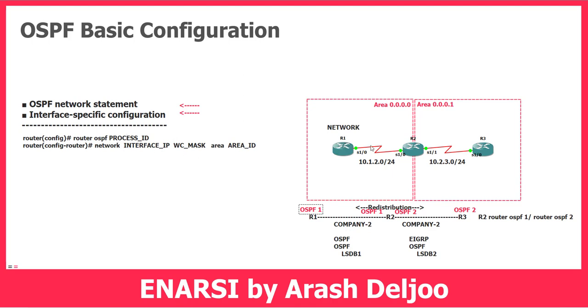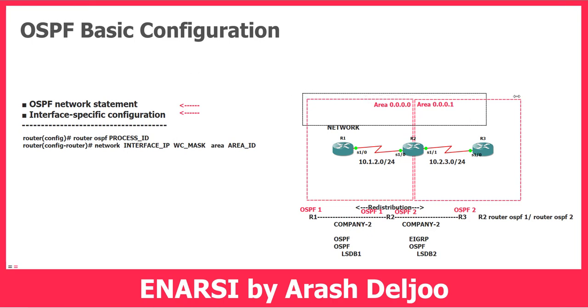For example, in this scenario, we have one routing domain. Actually, we have two areas, but all of these areas are areas of one OSPF instance. What does it mean? It means that you can use one link state database in the router to include area 0 and also area 1.